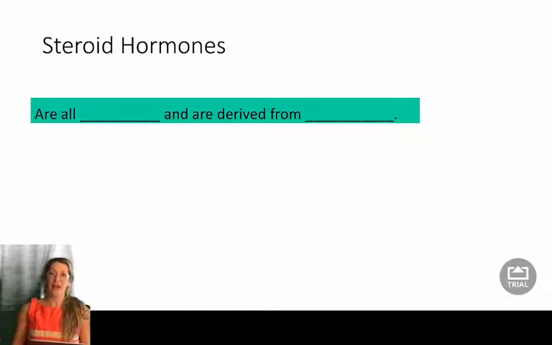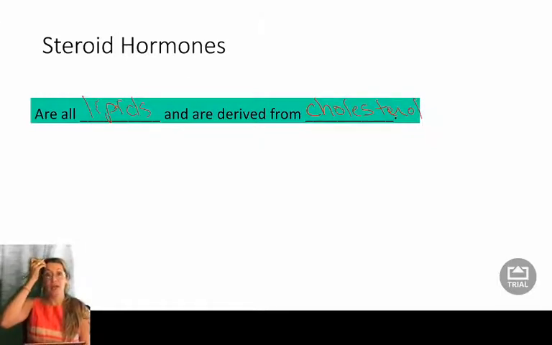And they're all derived from what? Steroid hormones are all lipids, and they're all derived from cholesterol.